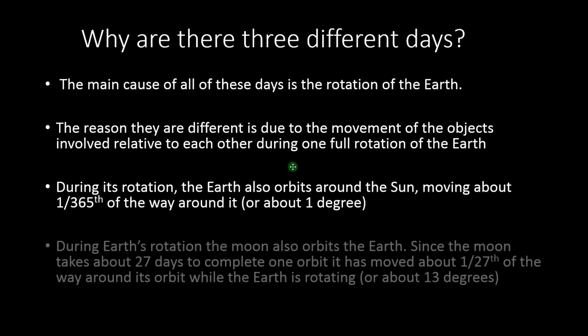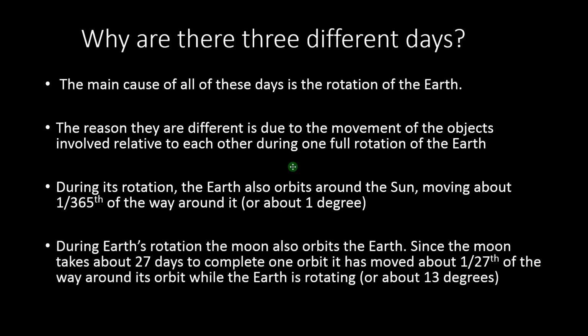So that's one thing. And the second thing is the Moon is orbiting the Earth. Since the Moon takes about 27 days to complete one orbit, it'll get about 1/27th of the way around its orbit while the Earth is rotating for a single day. And that leads to about an extra 13 degrees of motion of the Moon. And these two things are going to be critical for explaining the different types of day.